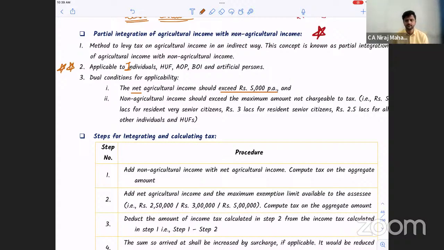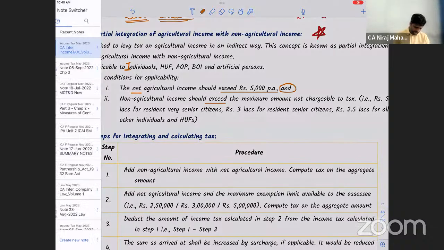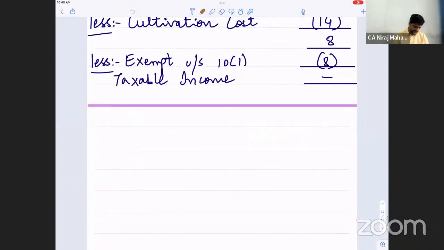Net means, you understood, obviously the pure profits out of agri, once you have done with the apportionment, etc. And non-agri income exceeds the maximum amount not chargeable to tax. Maximum amount not chargeable to tax. Somewhere at the top of your notebook, write this down.